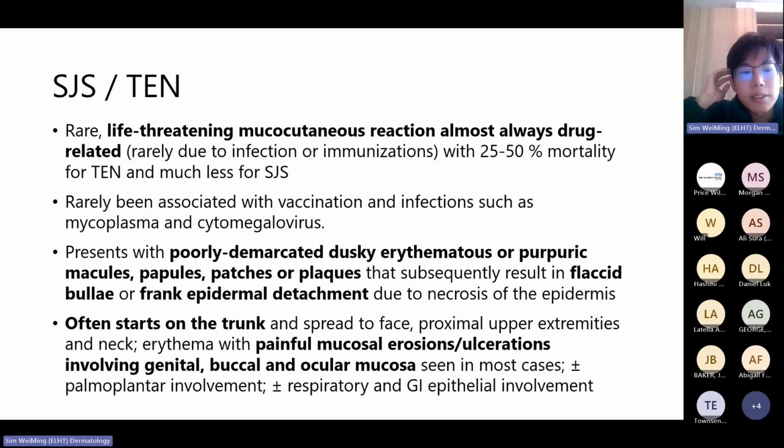And then all these could subsequently form bullae. They're not typically known as bullous diseases, but they can form bullae as they're transitioning to frank or full epidermal detachment, because of the necrolysis that's happening underlying.